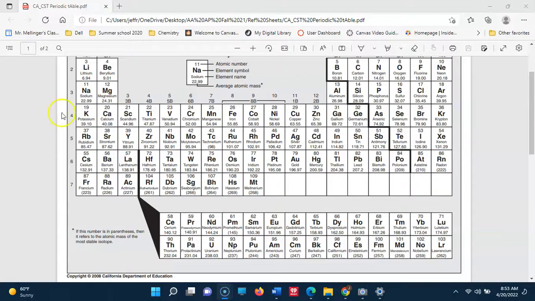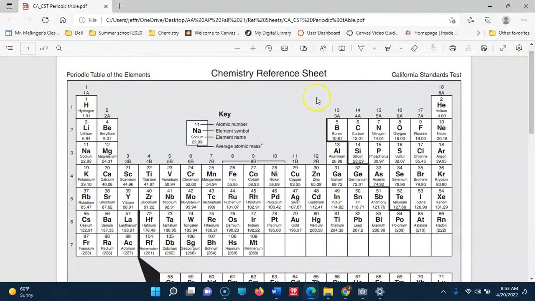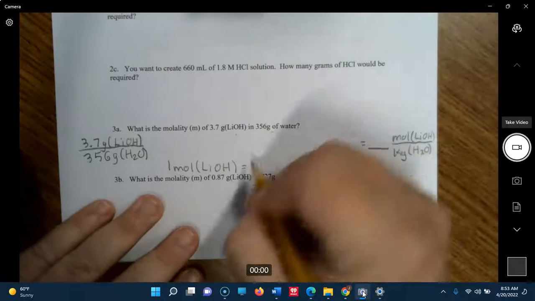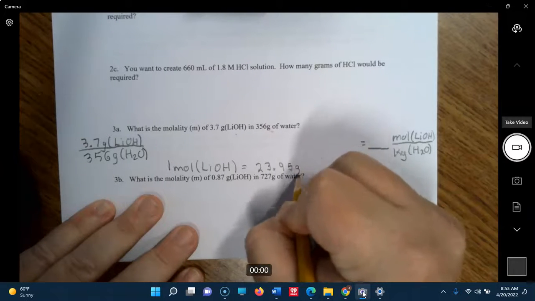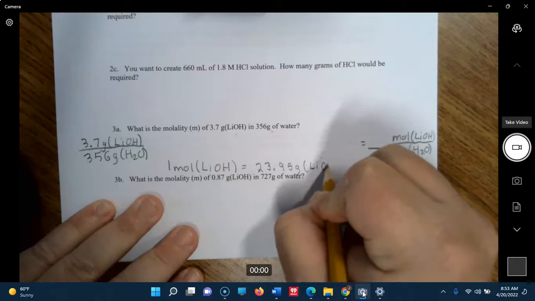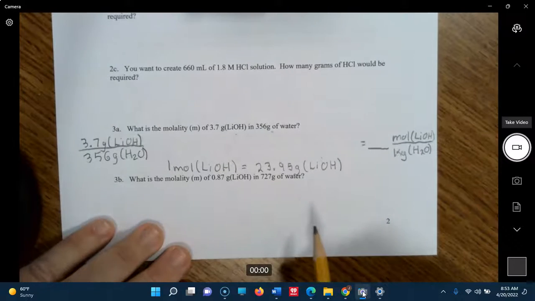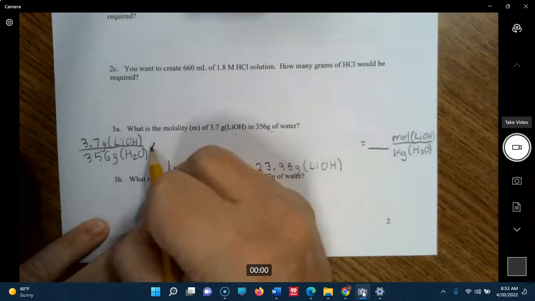So molar mass of LiOH, you take 1 lithium, 6.94. You take a hydrogen up above there, which is 1.01, and you take an oxygen, which is 16. You add those together, and you get 23.95. Okay, so now we can do the molar mass conversion.